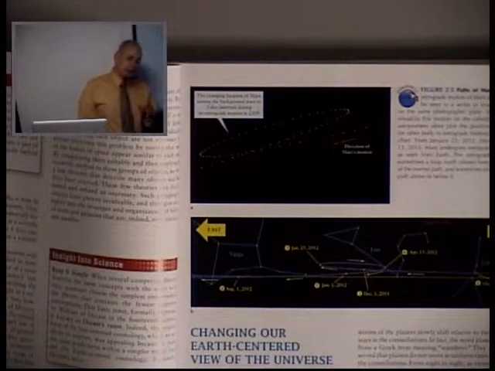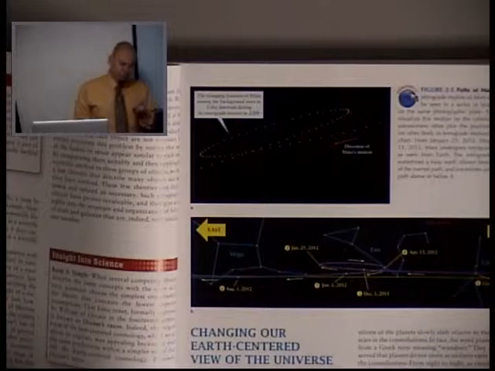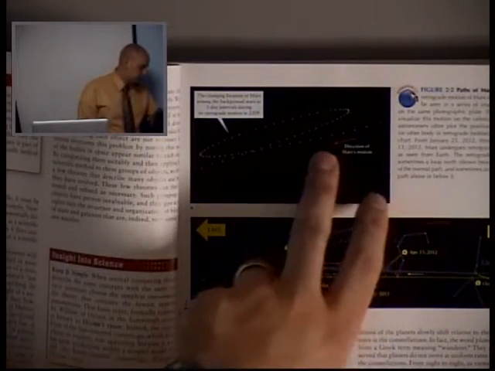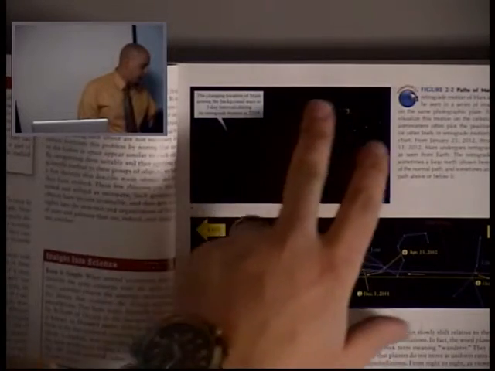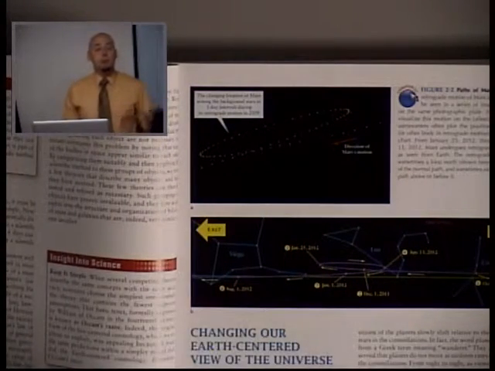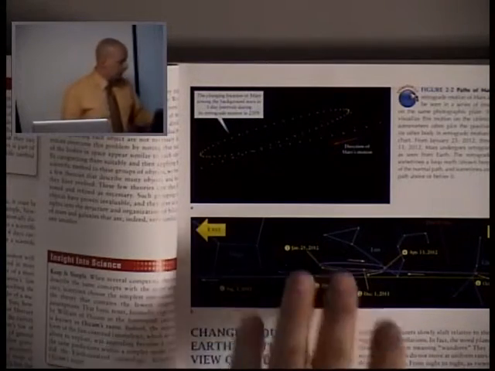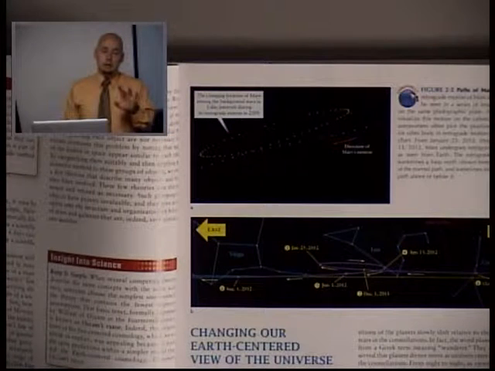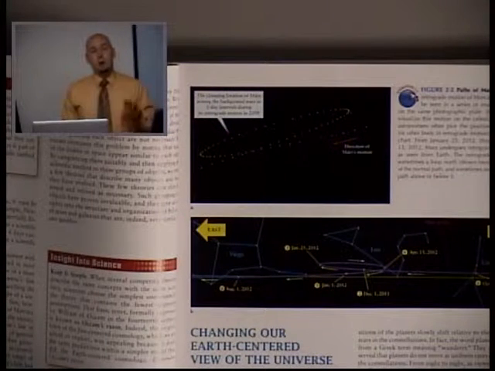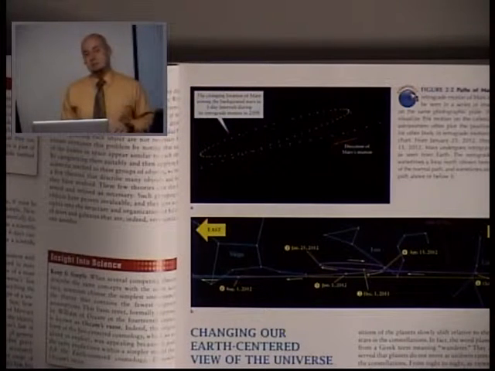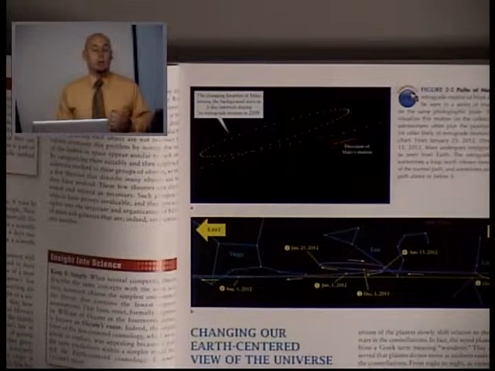Now, the problem with the major idea is shown for you here on the top of page 43. This is the path over many nights of the motion of the planet Mars in the sky. And Mars, like Saturn, Jupiter, Venus, and Mercury, make up the five what were originally known as the five planetes, or what the ancient Greeks called wanderers.